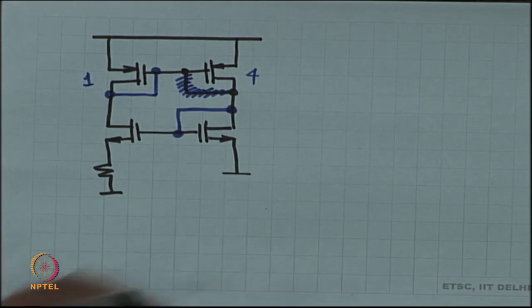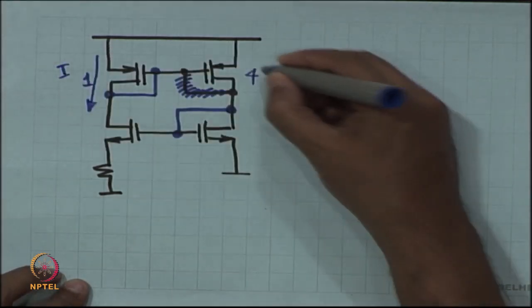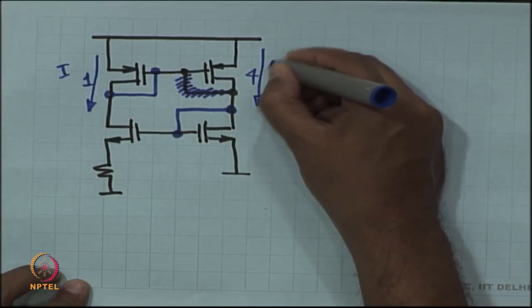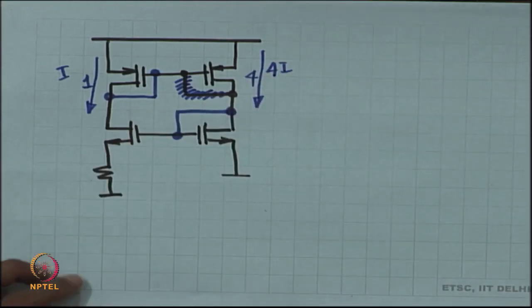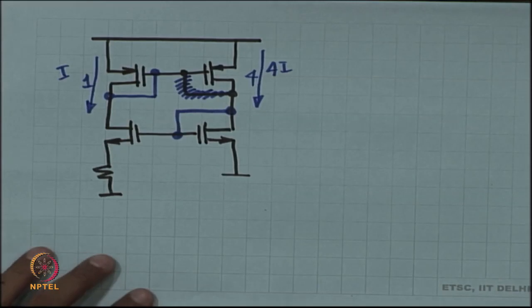What that means is that if this current is I, then this current is 4I, because it is a PMOS current mirror with 1:4 ratio.